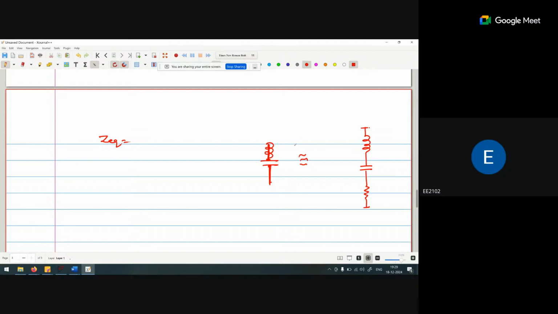Z is R plus j omega L minus 1 upon omega C. If I take the magnitude, I am not taking the j, so it is root of R square plus omega L minus 1 upon omega C, whole square.